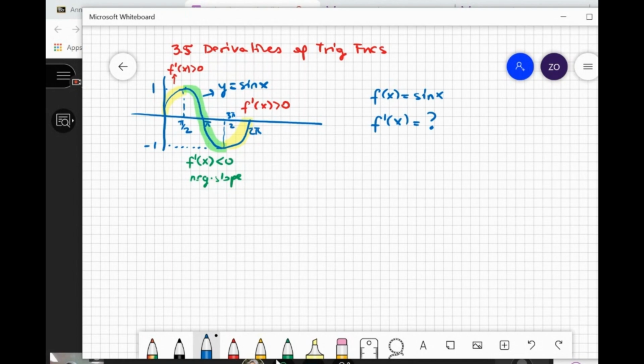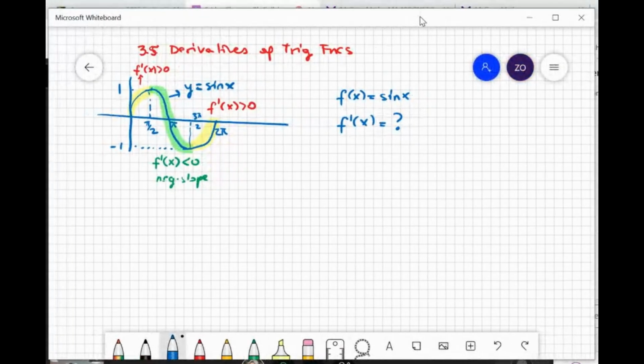But what are the values? Can we come up with a formula? We will just apply the definition of the derivative, and try to find a formula for the derivative of the sine function. So let's plug into the formula for the derivative function.